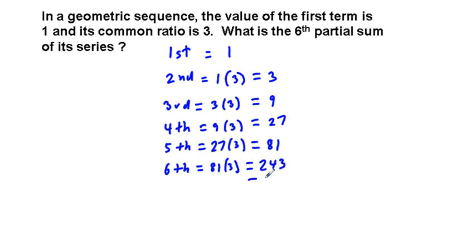And if we add all these up together, I'm just going to put this 1 over here just to get it in line. So we have 1 plus 3 plus 9.